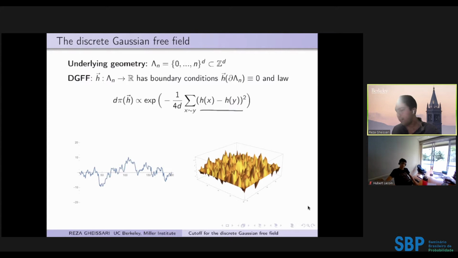You look at the difference, you square the difference of the heights at 2 neighboring vertices, and this gives you the energy of a random surface, and you have a Gibbs distribution over such random surfaces. One can check that these two are the same random surface model. Okay, so that's the discrete Gaussian free field.